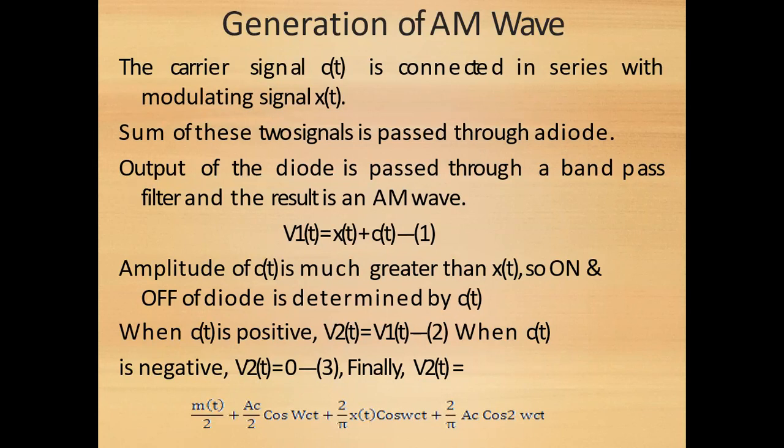Depending upon where the amplitude of c of t is greater than x of t, the on and off state of the diode is determined. If c of t is positive, meaning the carrier signal is positive, then we will get our output, that is V1 of t.